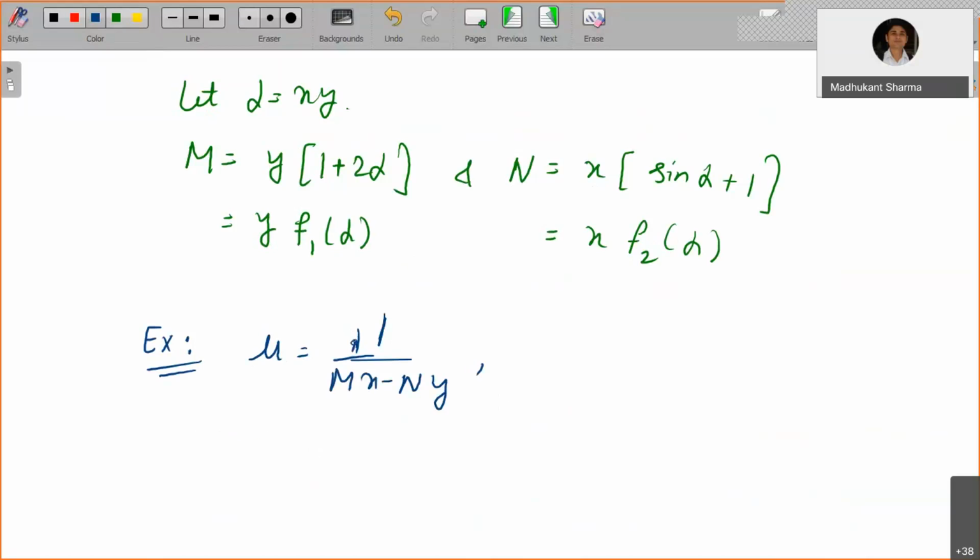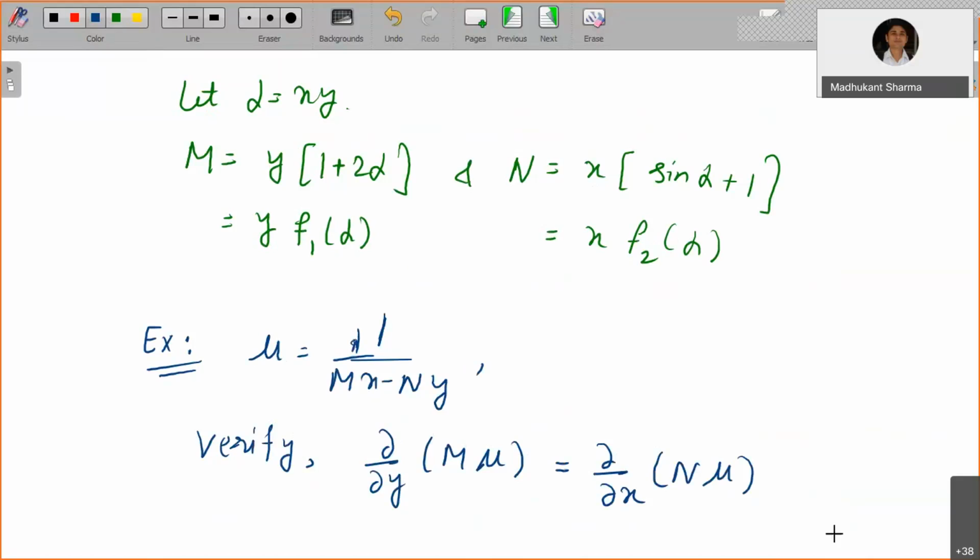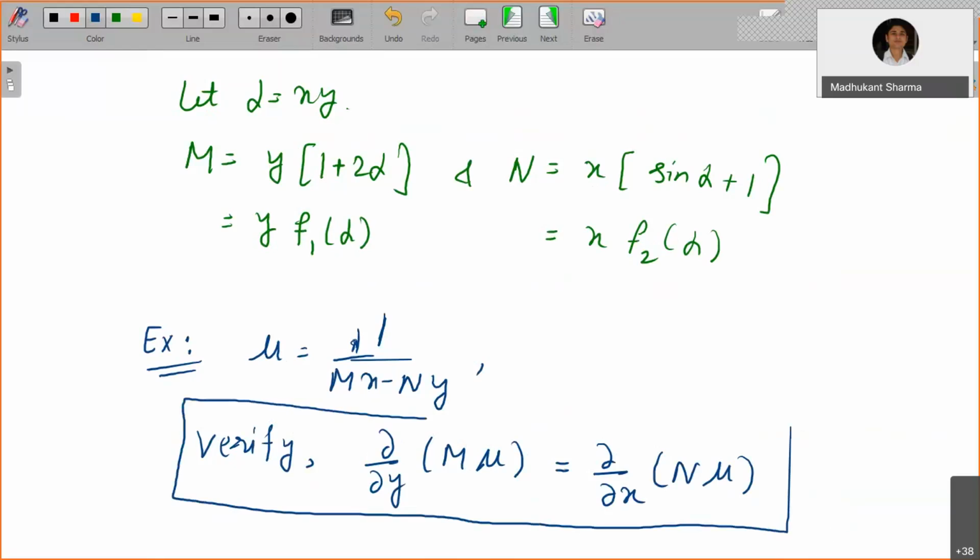Verify the following: verify that the partial derivative with respect to y of M times mu is equal to the partial derivative with respect to x of N times mu. That you must verify, and that will tell you that the resulting equation after multiplying by this will become an exact differential equation.